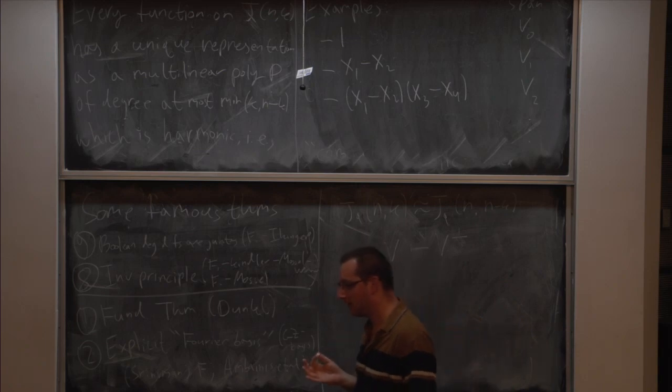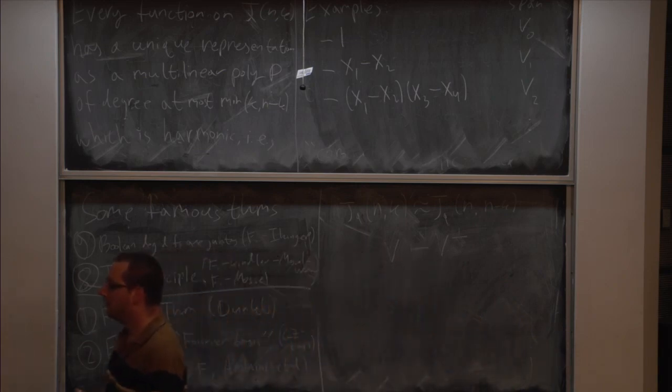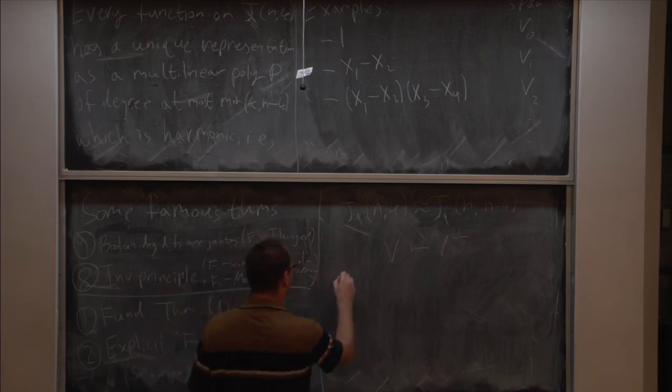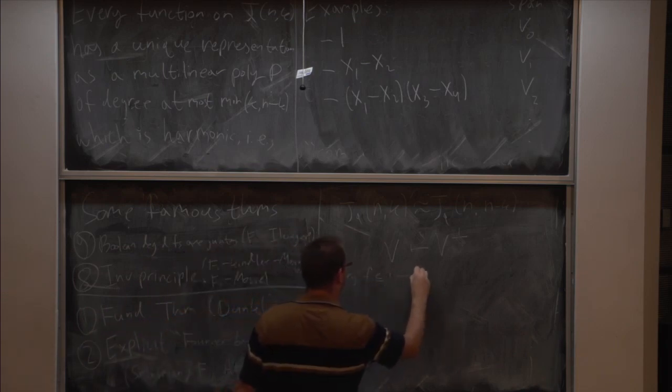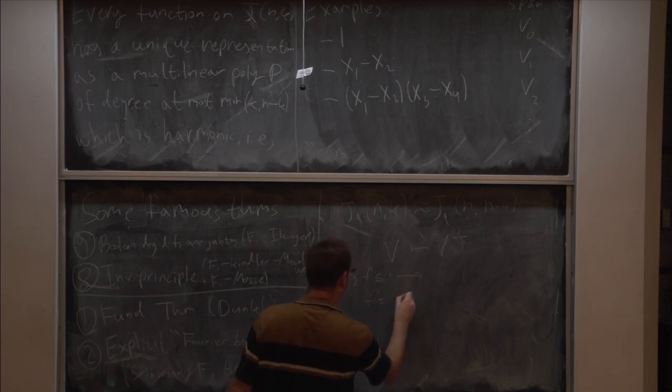As an example, if you look at the functions of degree at most 1, then they are spanned by the characteristic functions of containing a vector. So if f is degree 1, then you can write f as a sum of this form.